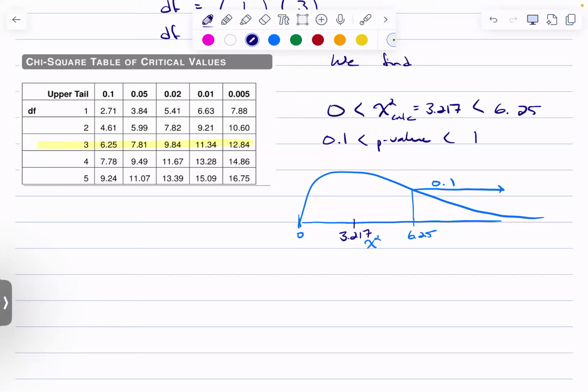So our p-value, we don't know much about it, but I can tell you that this area is bigger than 0.1. And that's good enough, that's all we really need to know. At 0, the area above it is 1, so I'm caught between 0.1 and 1. Not very telling, but it means we have a big p-value.